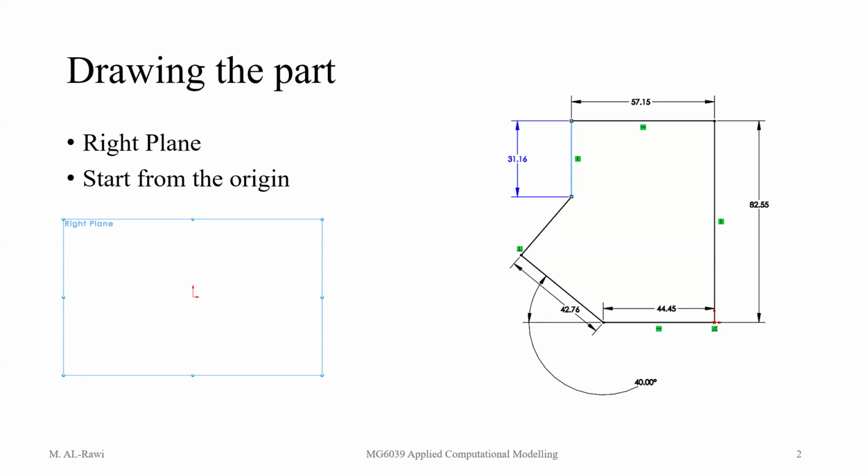Done it? It's that angle. You need to show me that angle. So the angle between that line and that line should be 40. If not 40, then something is off in the dimensions.